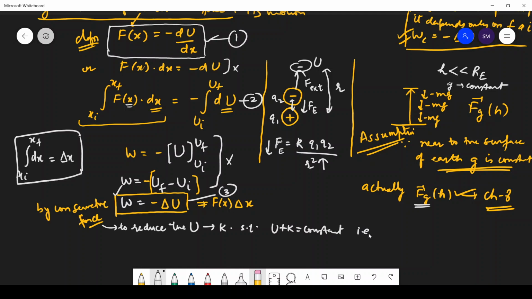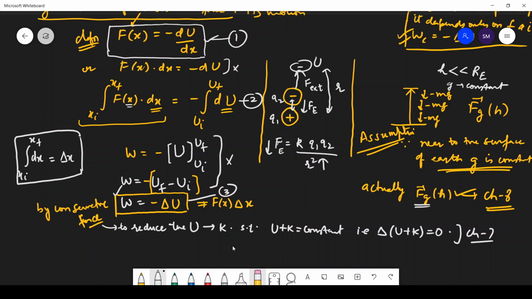So if something is constant, students, there is no change in it. How much is the change? It is constant, so how much is the change? 0. This we will need in chapter number 7 also. This very simple thing, that if anything is constant, the change in it is 0. Okay?